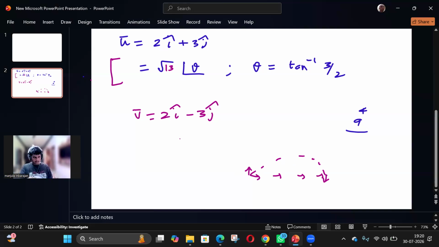So V is 2 i cap because the x component will not change, but the y component will get reversed. So this is the answer, minus 3 j cap.